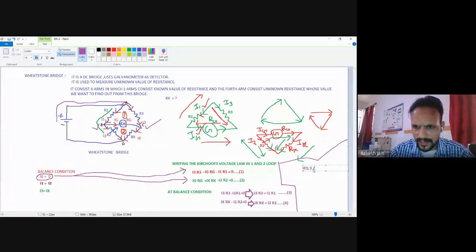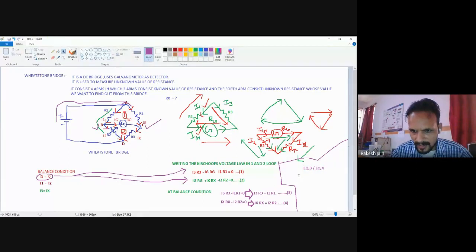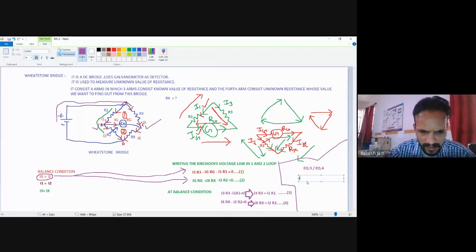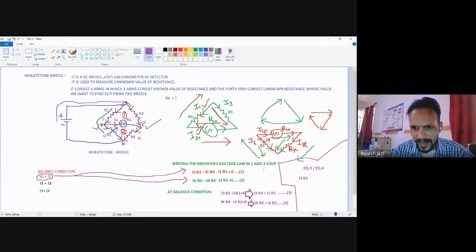Equation number 3 is I3 R3, divided by Ix Rx.